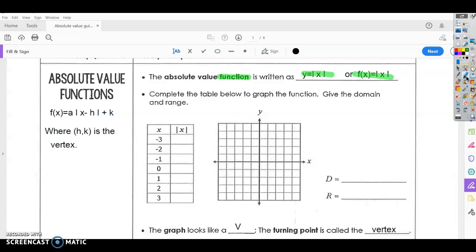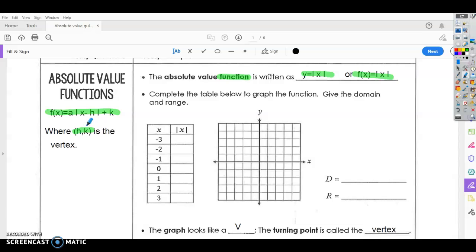So here's the form that you need to know. And you need to know that h and k is the vertex. So go ahead and write that down. I'm going to highlight that here for you so that you know that that is important.